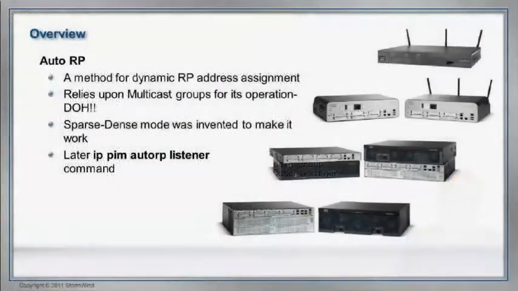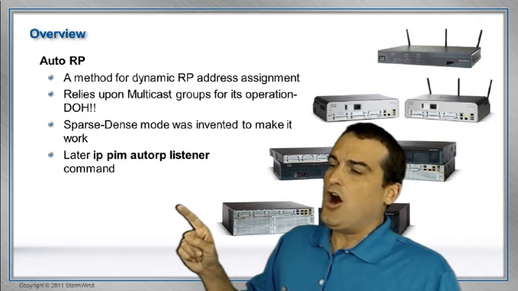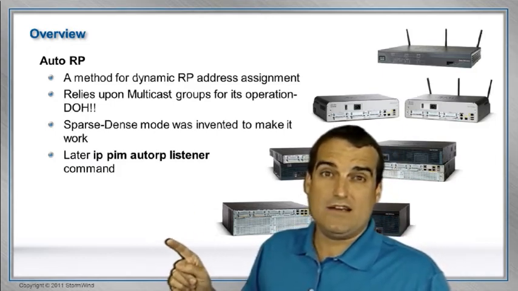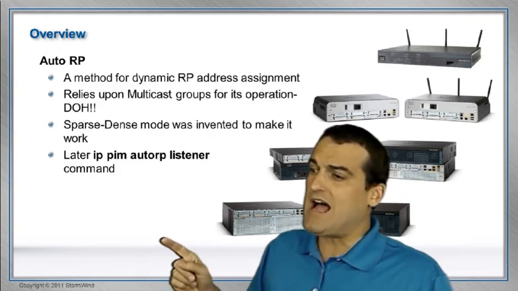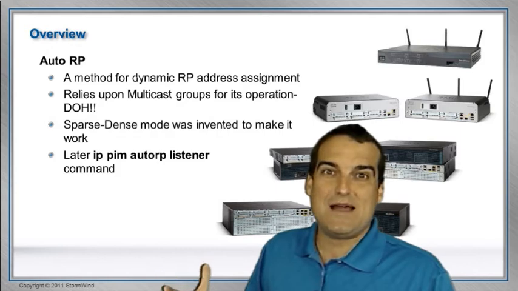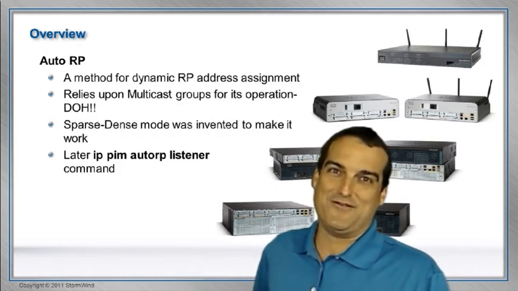This AutoRP thing needed a fix, obviously, for sparse mode environments, and this is why Cisco invented sparse-dense mode. The idea behind sparse-dense mode for AutoRP was that the AutoRP groups, which lack a rendezvous point when these machines come online, will run dense for disseminating the rendezvous point information.